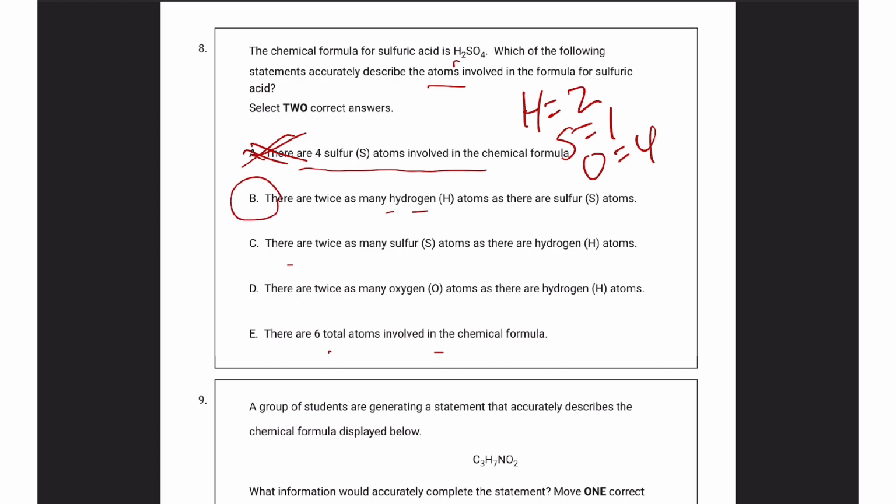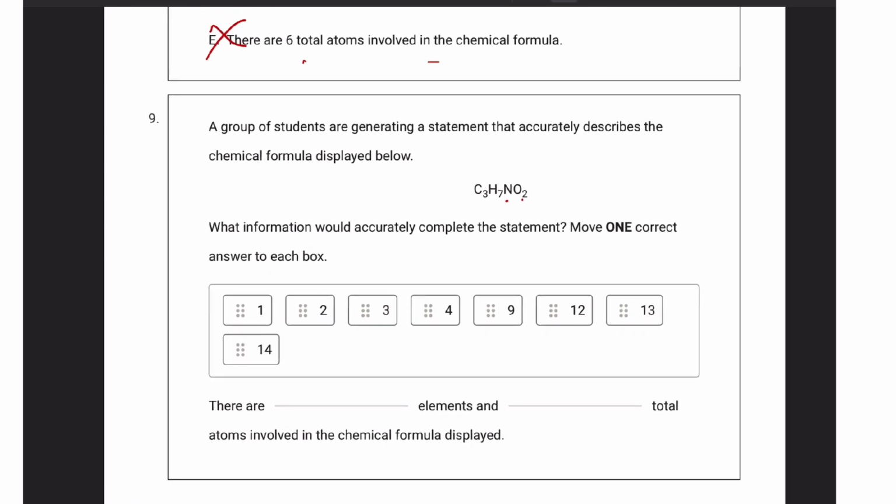There are twice as many sulfur as there are hydrogen? No, that's not it. There are twice as many oxygen as there are hydrogen? Is there twice? Yep, there are. There are 6 total atoms involved. Is there 6 total? 4 plus 1 plus 2? No, that's 7. So it's not that one. So there's our best answer choice.